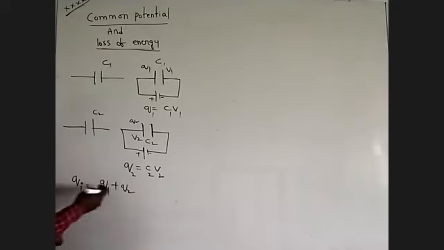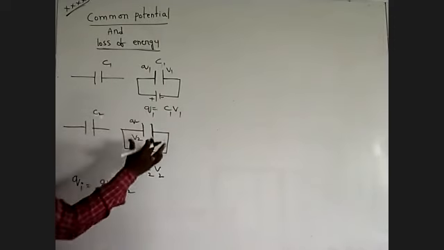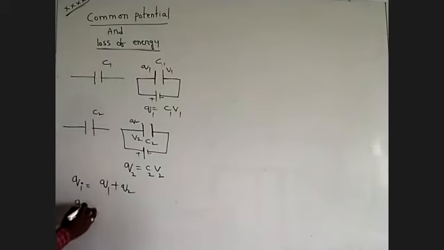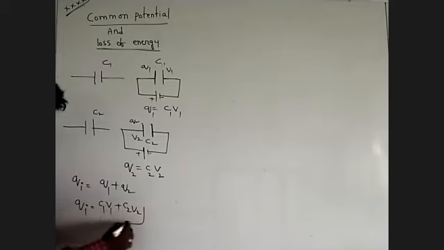Both are connected in parallel. So Q initial is equal to the charge here, Q1, plus the charge here, Q2. Now Q initial is equal to Q1 plus Q2, which means C1 V1 plus C2 V2. This is the initial charge.